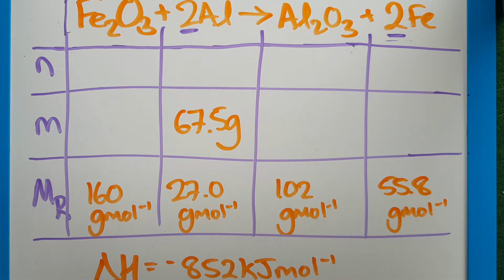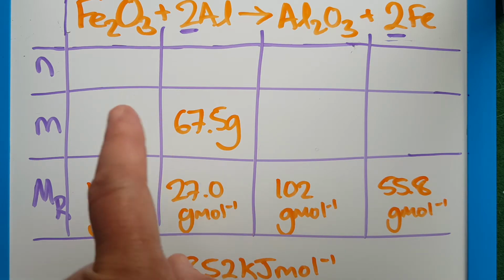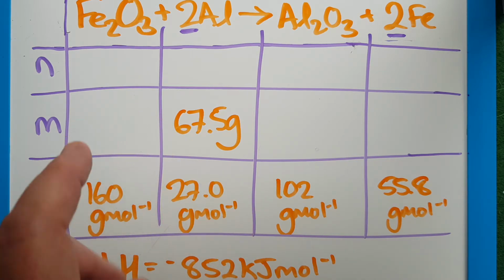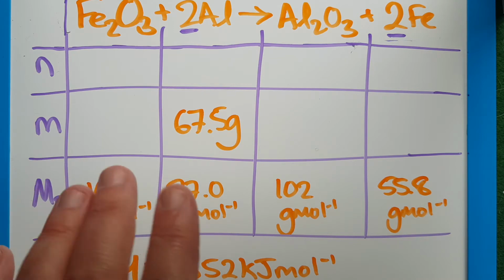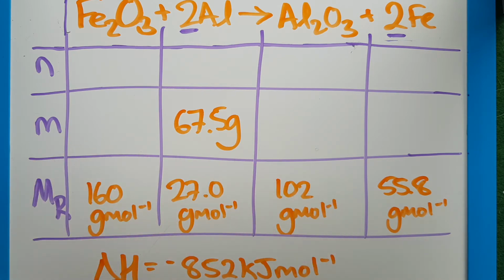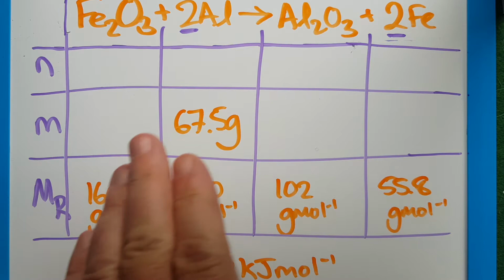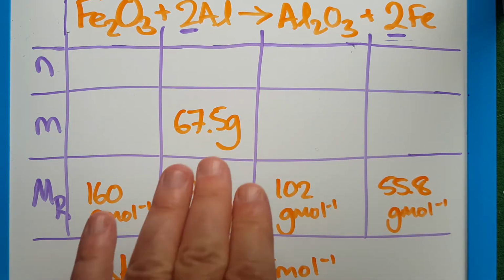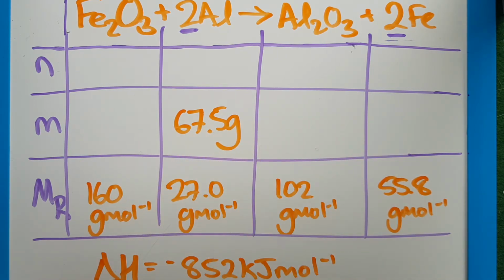From that, there's a lot of things that could be asked. We could ask how much iron 3 oxide is required to make this reaction be completed. We could be asked the mass of iron produced, the mass of aluminium oxide produced, or something like that. And of course, we could be asked how much energy would be released by this reaction.